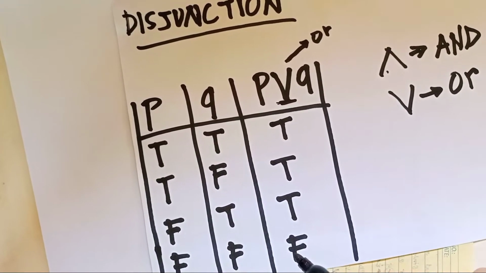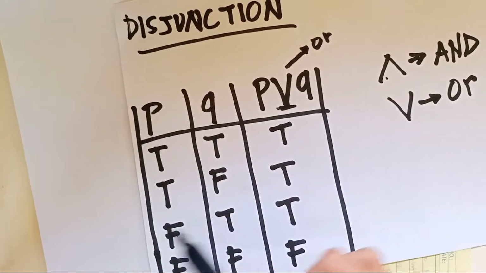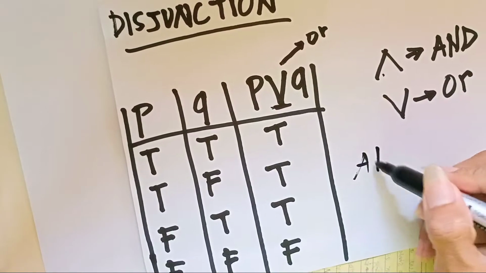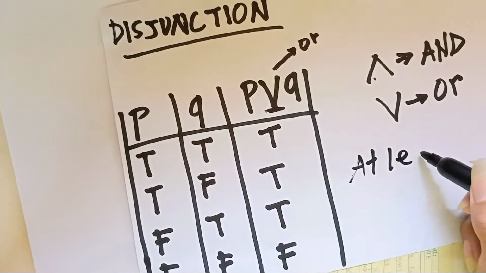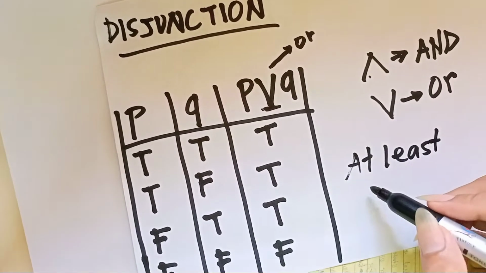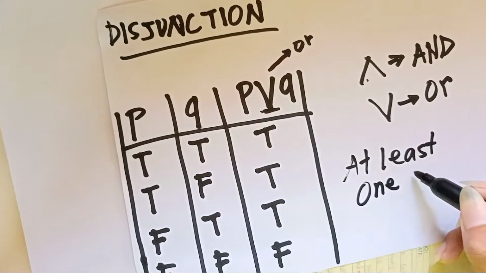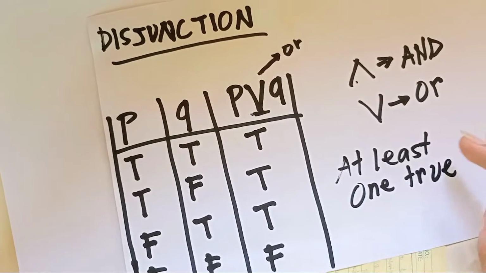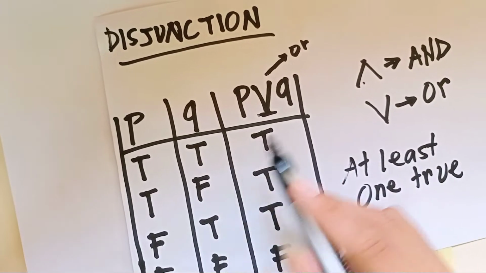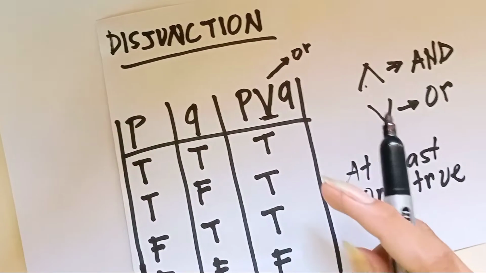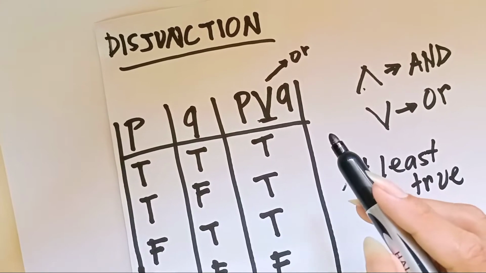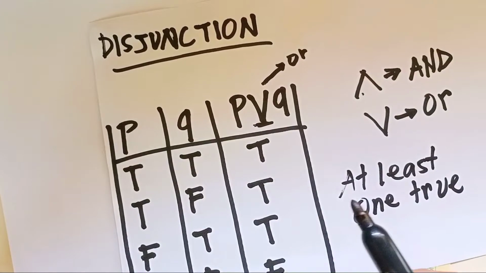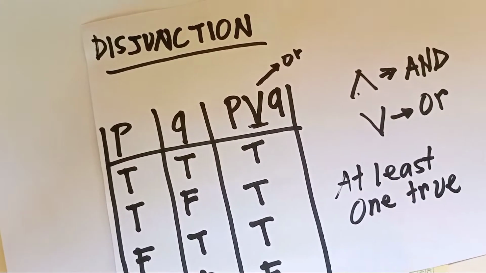False, false, so it is false. So we can see here that if there is at least one true in the statement, then the whole statement becomes true. That's the rule of disjunction.